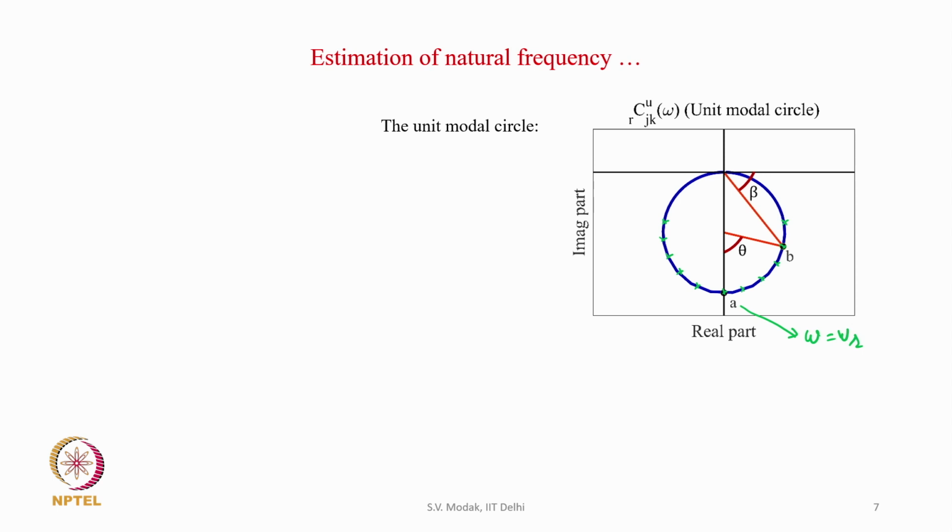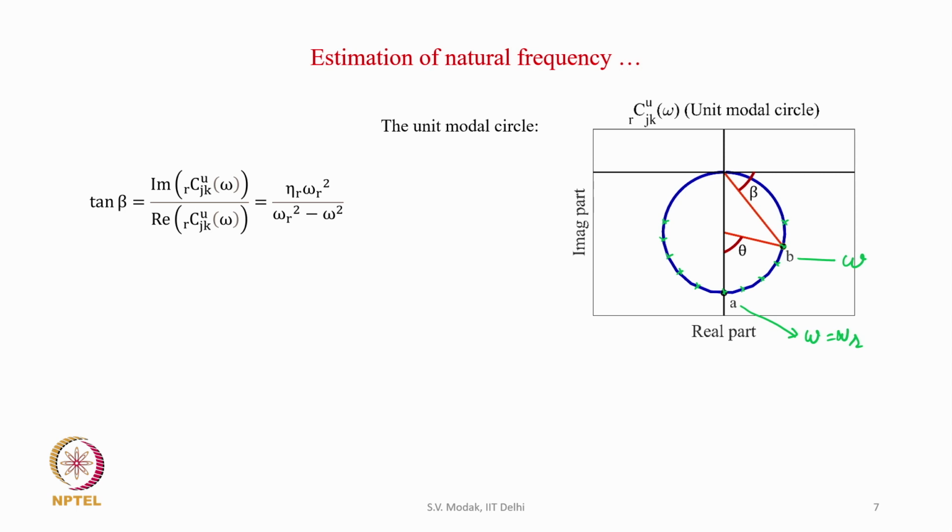That is why omega equal to omega r corresponds to point A, and point B corresponds to some frequency omega. This angle theta is the angle subtended by the arc AB at the center, and the angle beta has also been shown here.